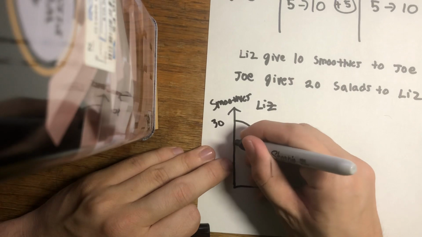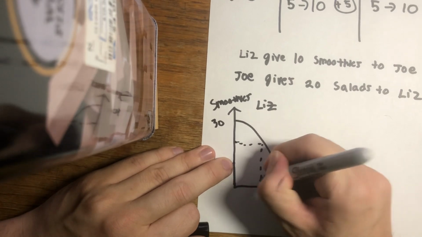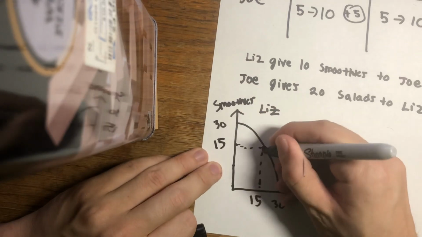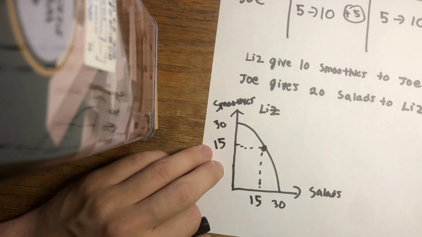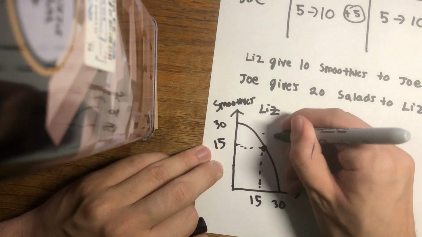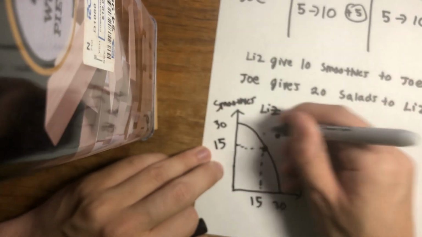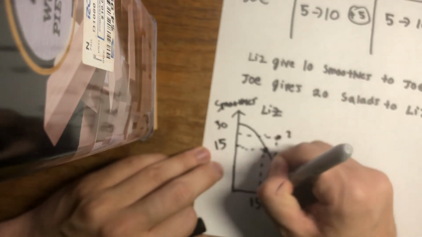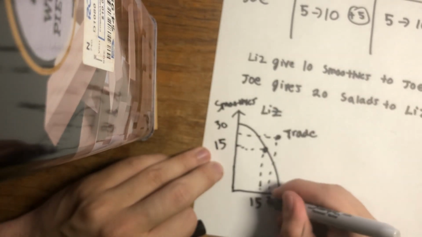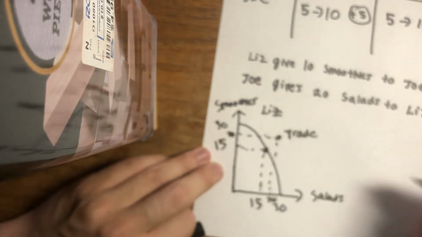So this was her production frontier beforehand. By herself, she made 15, 15. But under the new trade, she's now getting 20 and 20. This is by trading, where she has 20 and 20.